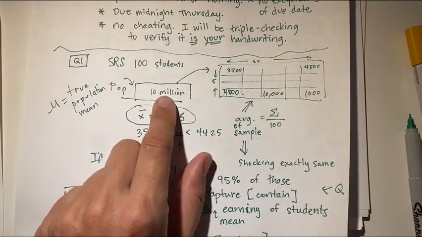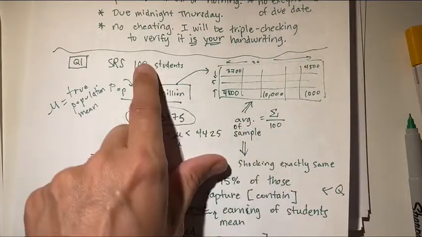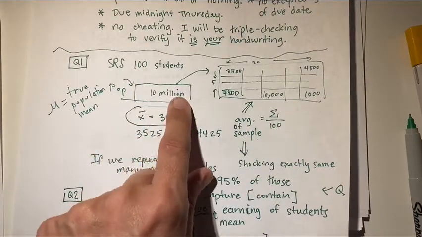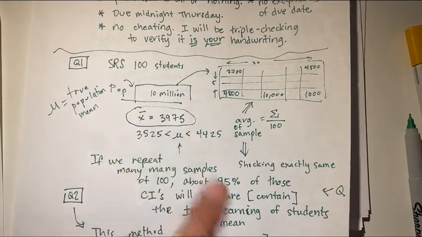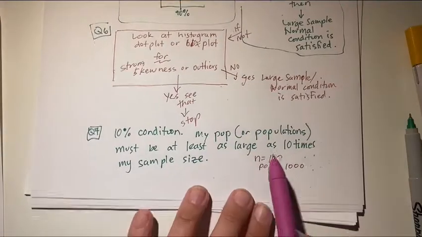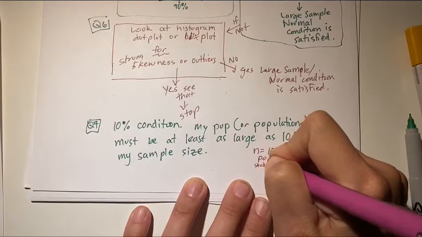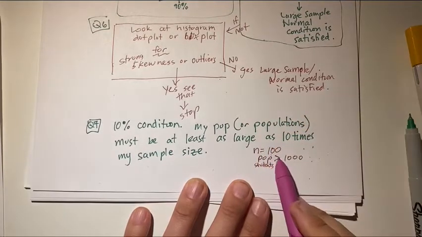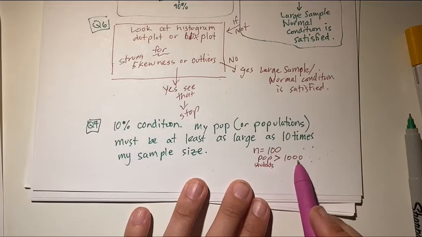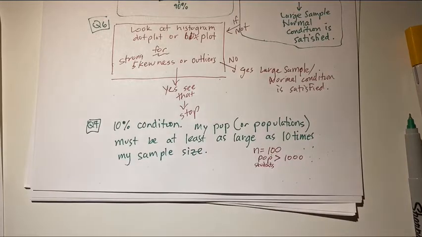This population has to be at least as large as 10 times my sample size. And it really is. It's way bigger. And most of the time, it's way bigger. So this population of students that I'm interested in making an inference about must be greater than 10 times my sample size. That's all I'm saying, and that's all I've ever said.